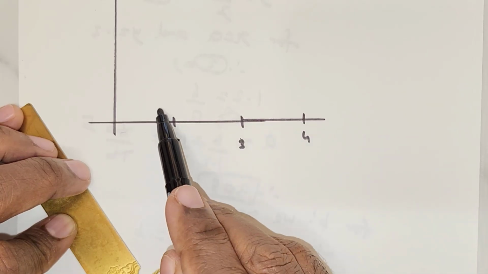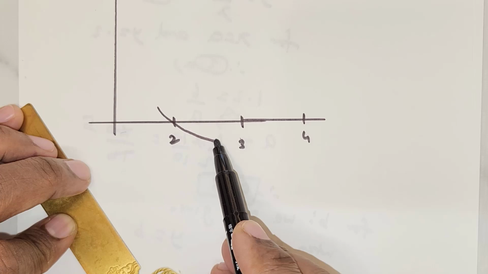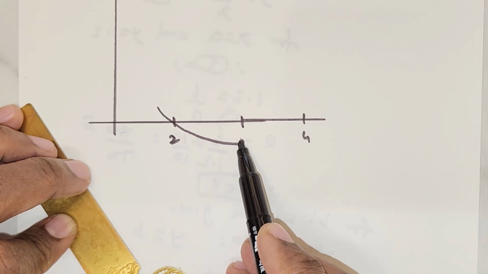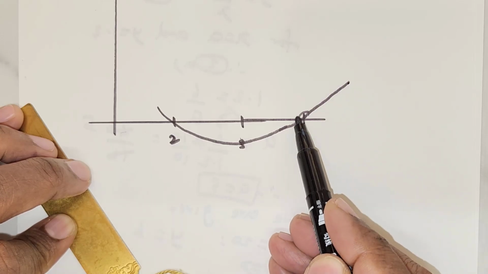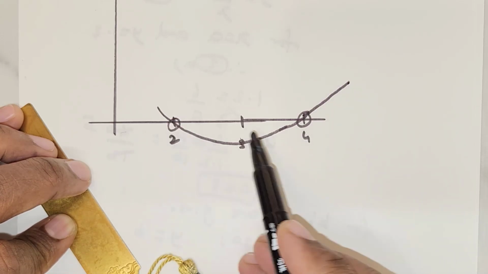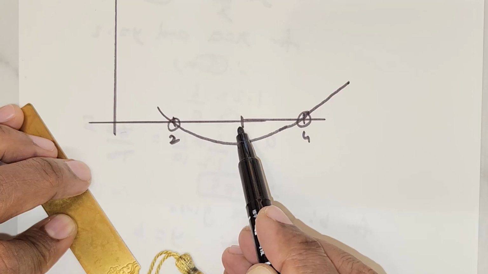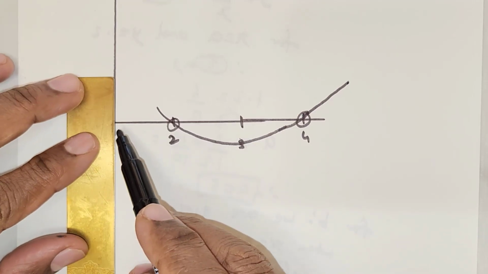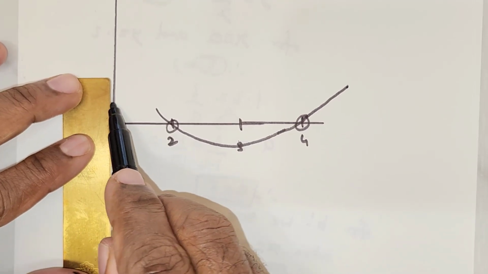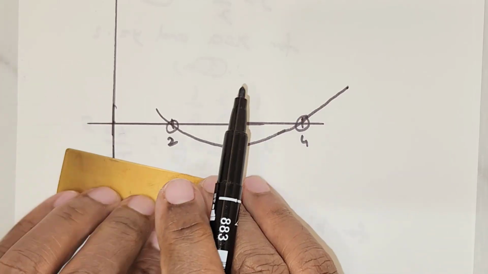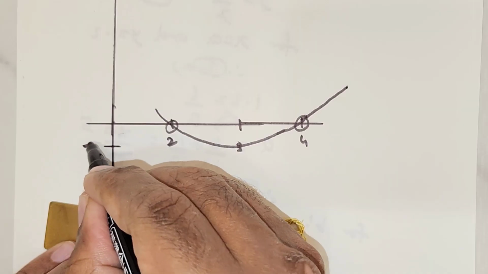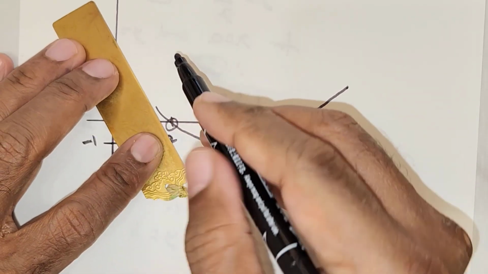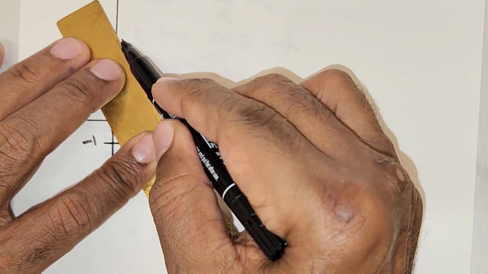So what happens is the graph is hitting like this and hitting the point here and then moving up to hit 4. So it hits 4, it hits 2, and this point is 3. And exactly at this point, there is this -1. So the graph is moving up.